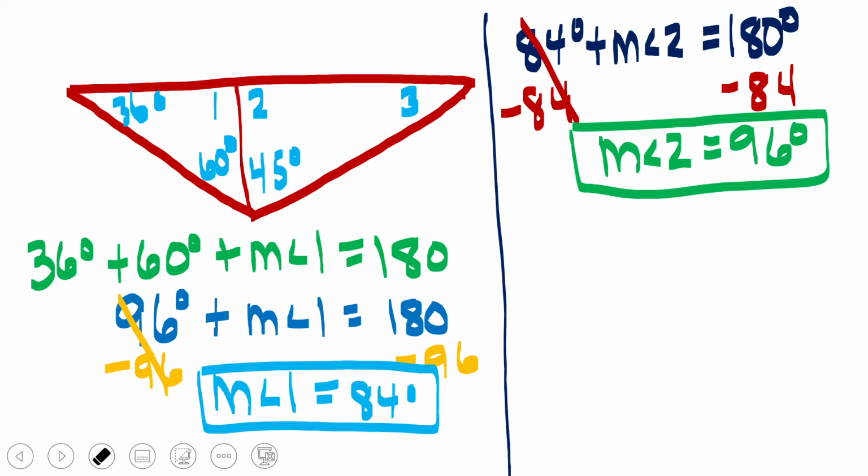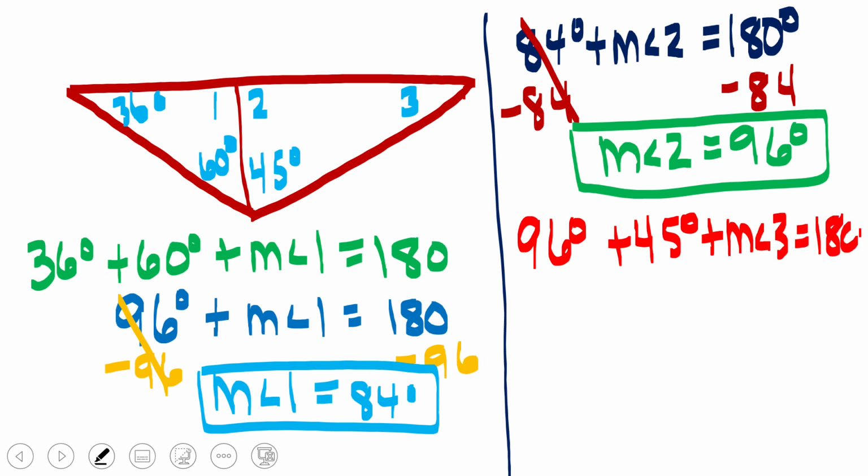This leaves the measure of angle 3, and now we know the measure of angle 2 plus 45 degrees, 96 degrees plus 45 degrees plus the measure of angle 3 equals 180, the triangle angles all together. Again, we solve.